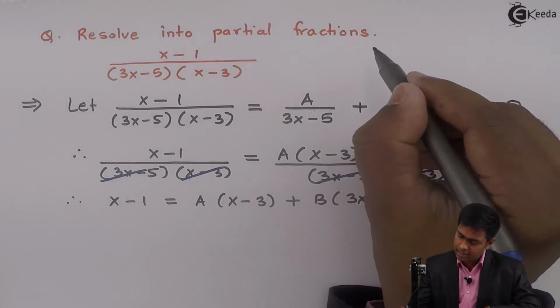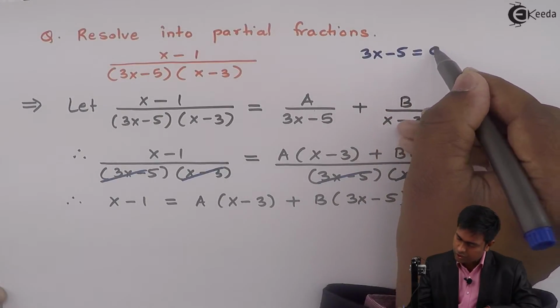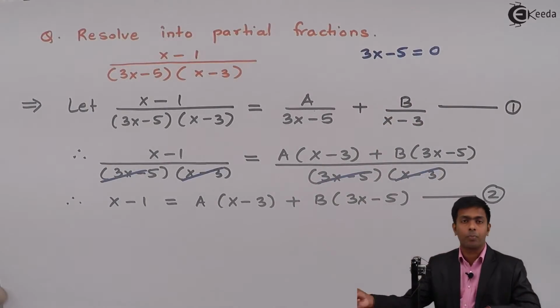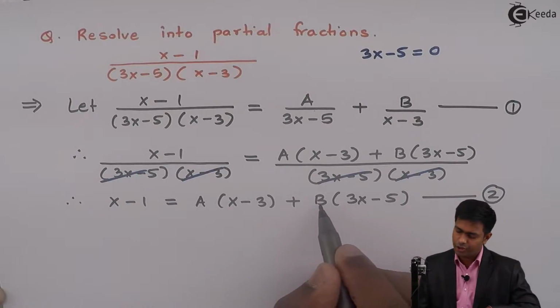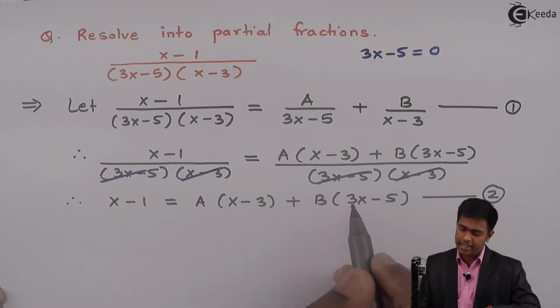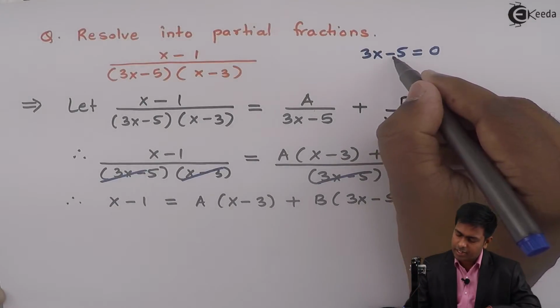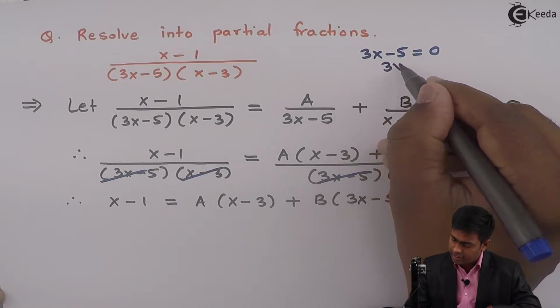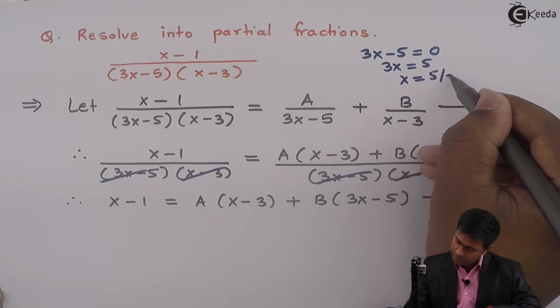So here I'll say 3x minus 5 equal to 0. I'm equating it to 0 purposely, so that 0 into B becomes 0 and I can get the value of A. Since 3x minus 5 is 0, I will get 3x equal to 5, or x as 5 by 3.